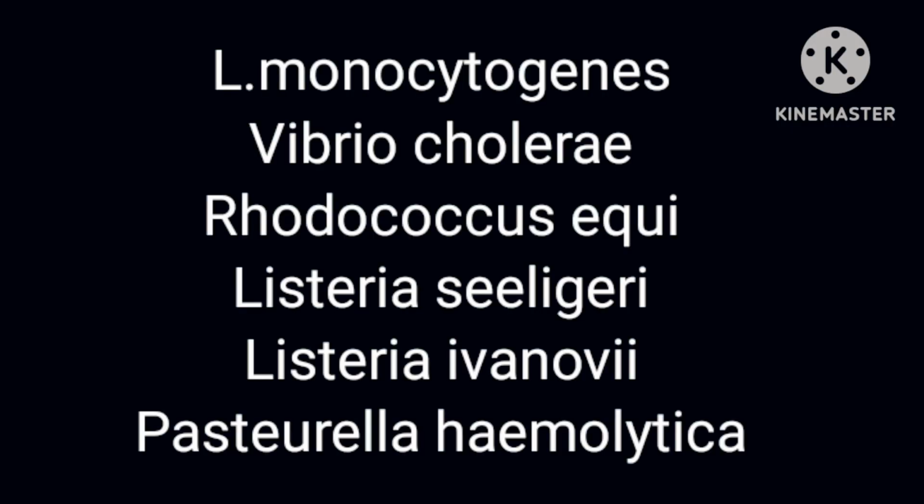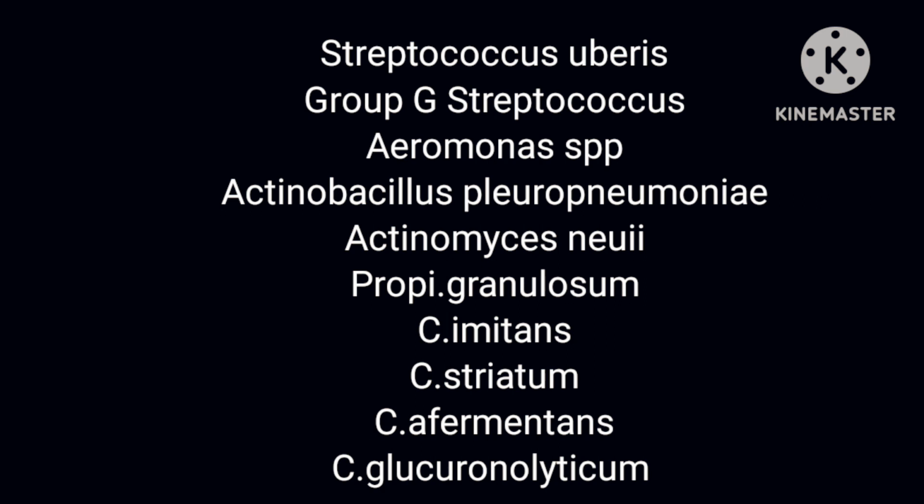CAMP test is also positive for Listeria monocytogenes, some strains of Vibrio cholerae, Rhodococcus equi, Listeria seeligeri, Listeria ivanovii, Pasteurella haemolytica, Streptococcus uberis, group G streptococci, Aeromonas species, Actinobacillus pleuropneumoniae, Actinomyces neuii, Propionibacterium granulosum, and some species of Corynebacterium like Corynebacterium imitans, Corynebacterium striatum, Corynebacterium afermentans, and Corynebacterium glucuronolyticum.